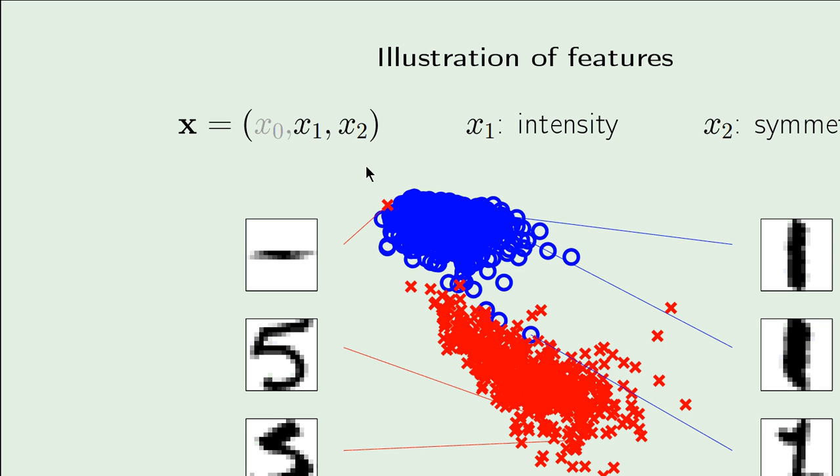It gives you some idea that you can actually do something good if you look at 1s and 5s. If you plot intensity by symmetry, you can see that 5 is more asymmetrical than 1, but 5 is definitely more intense than 1.